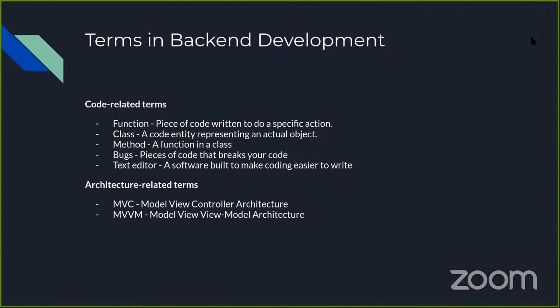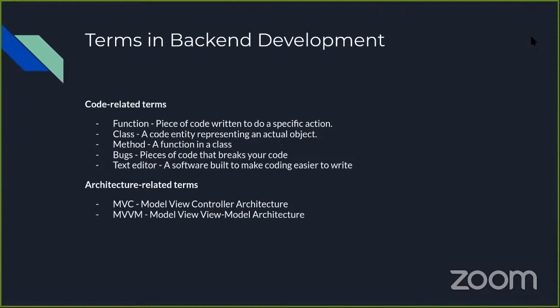Then you have a number of code-related terms here as well. Functions are pieces of code that you write basically to perform an action. Classes, I have it here as a code entity. Basically, it is like an entity within your code that represents a live entity.